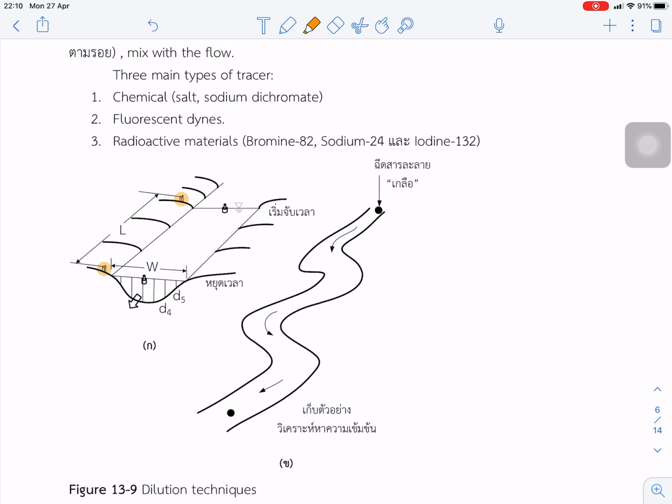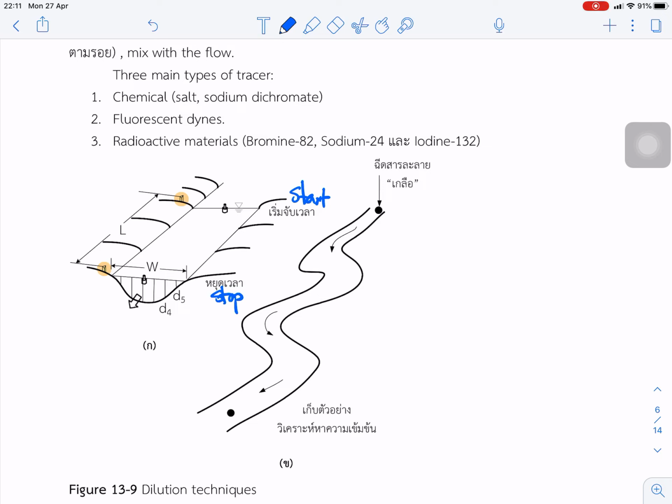We put the bottle in the canal and stop the time when it passes through the end point. We know the length and the time, so we can estimate the velocity.